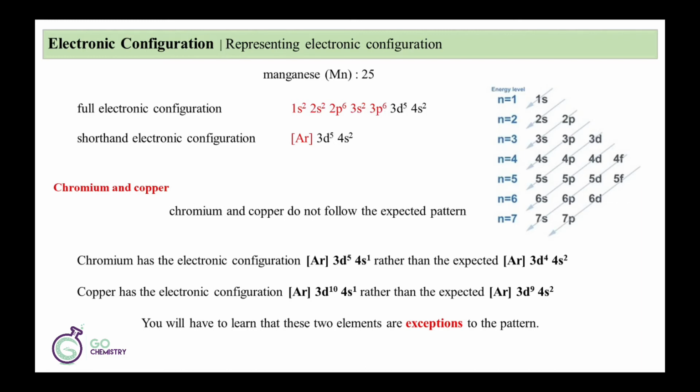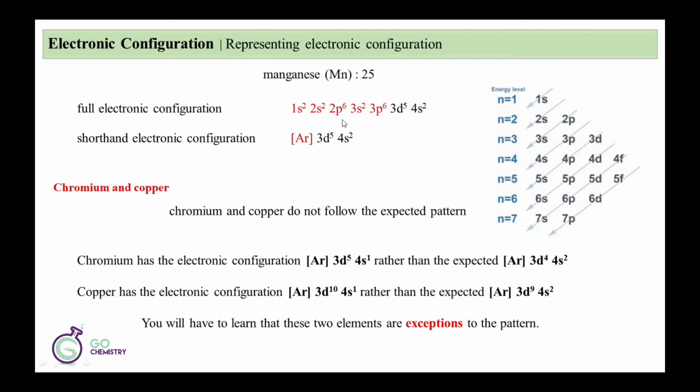This is actually the full electronic configuration of the element manganese, which means that in the full electronic configuration, we represent all the subshells. And there is also another way to write the electronic configuration, which is called the shortened electronic configuration.